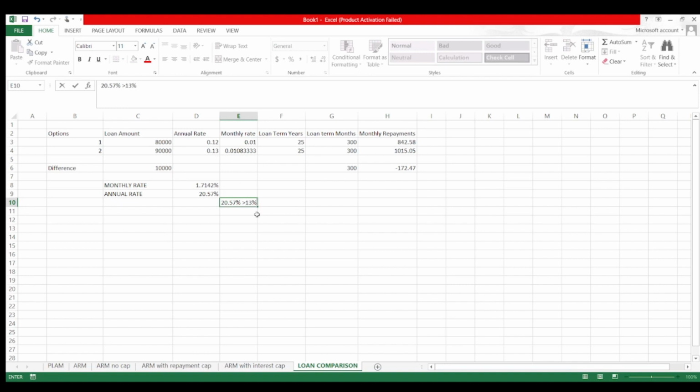So it means that the cost of the additional 10,000 being borrowed exceeds the interest that the borrower is willing to pay at 13%. That's how you think about comparison of different loan amounts and different terms in relation to the interest amount within a loan. Now let's proceed and look at other case scenarios.